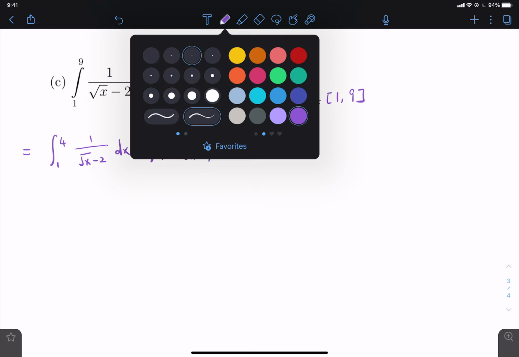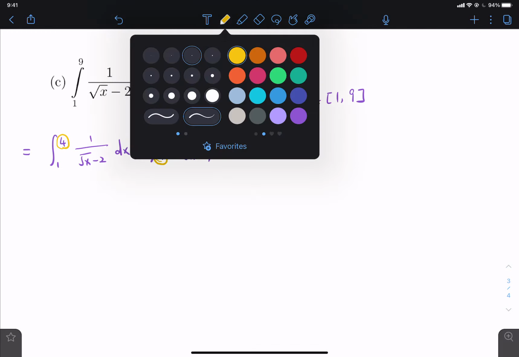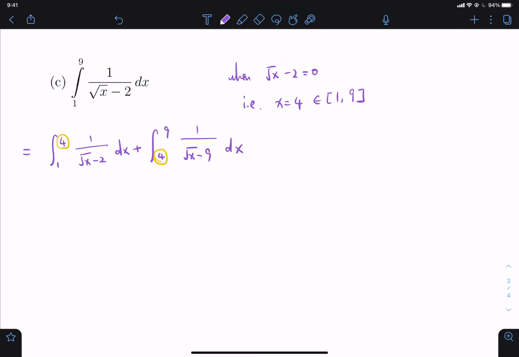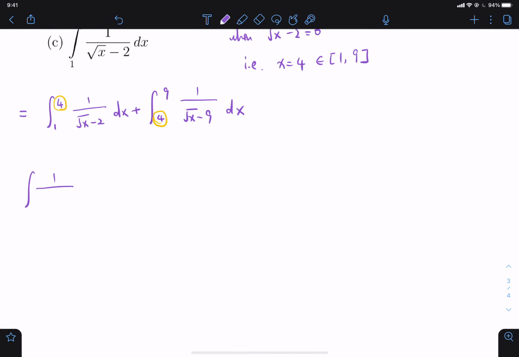Right? So we need to evaluate this guy first. So as soon as we recognize the singular point, we want to turn that into the limit computation. So I want to figure out the indefinite integral first, and then after that I will plug in. So let's figure this out. Indefinite integral, right? This guy is equal to, right?